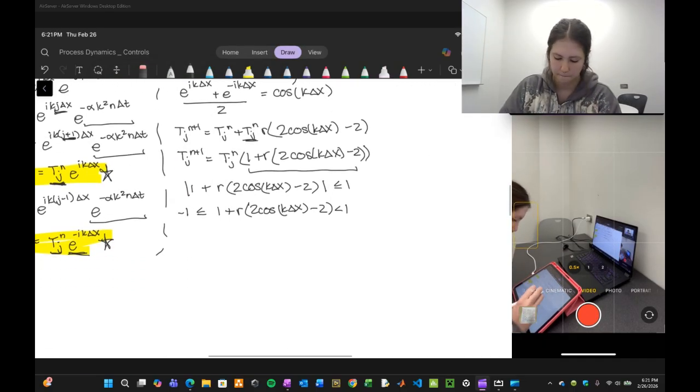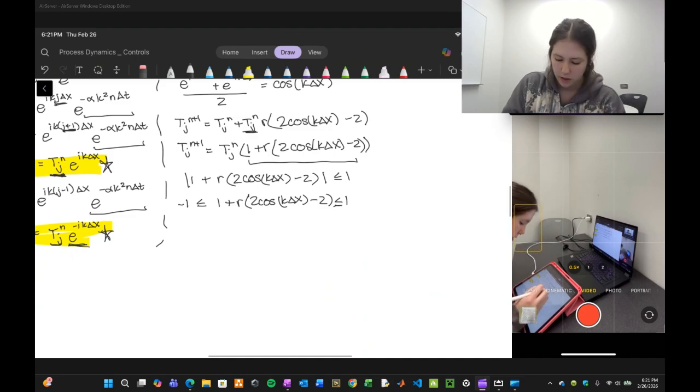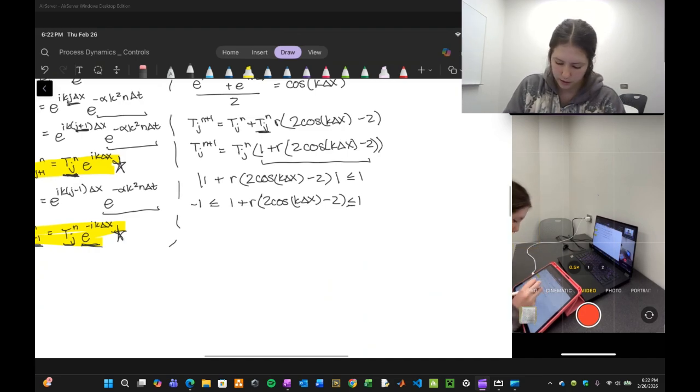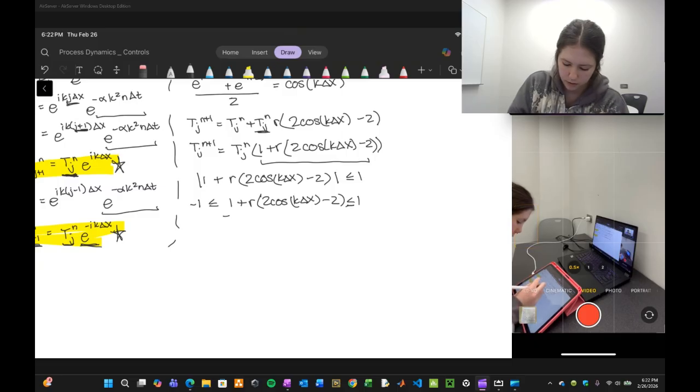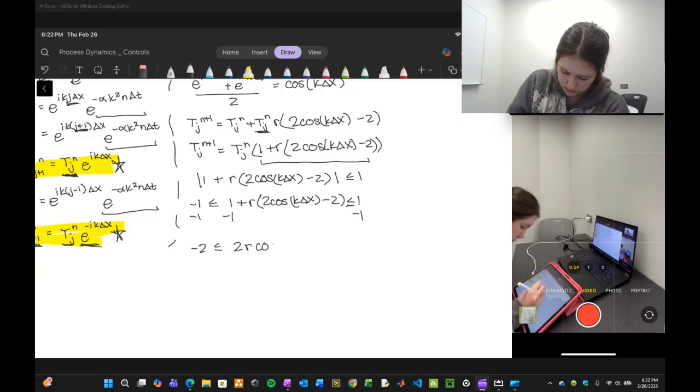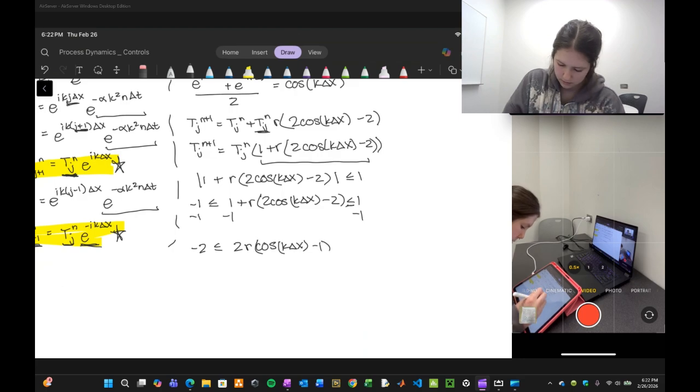So we could subtract 1 from all of this, and we can get negative 2 is less than or equal to 2r cosine of k delta x, minus 1, is less than or equal to 0.